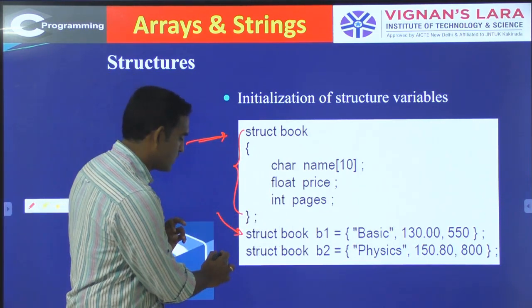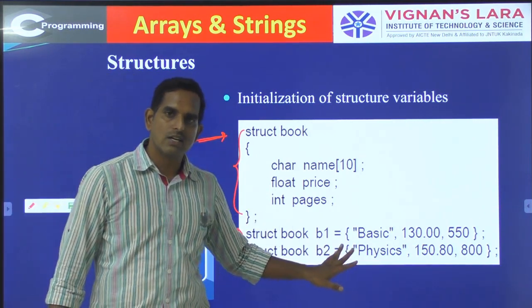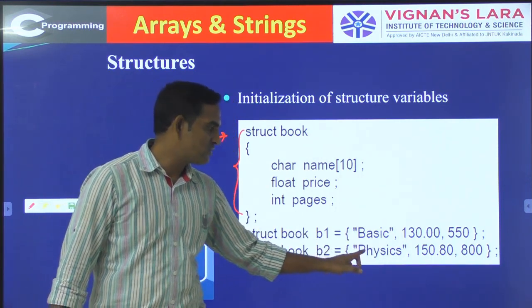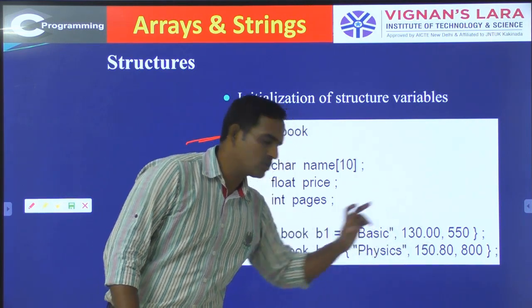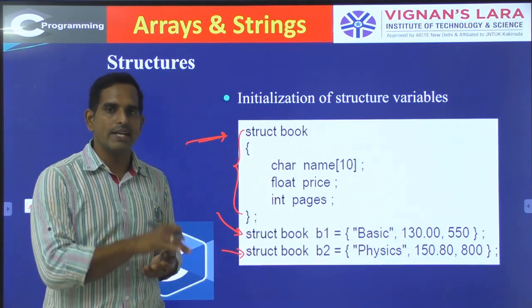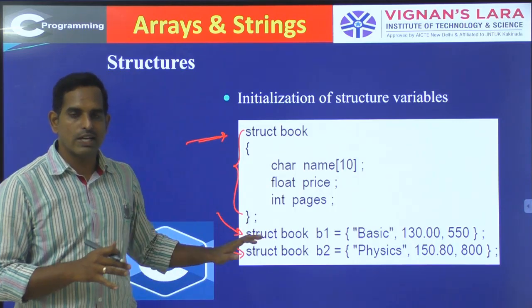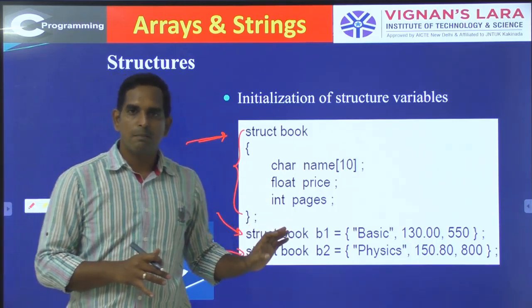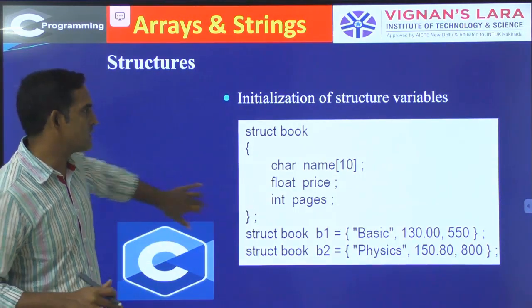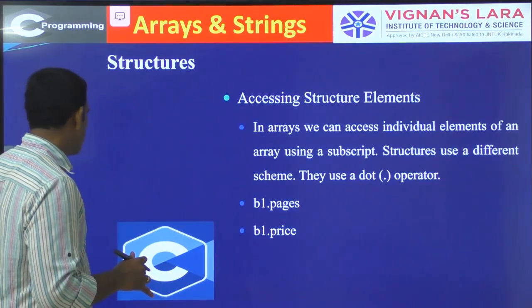In a similar manner, you can initialize the structure variables, that is struct book b2, physics, 150.80 and 800. That is how you can initialize while declaring itself. That is about the initialization of your structure variables.